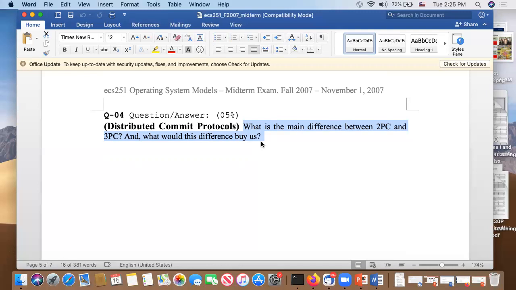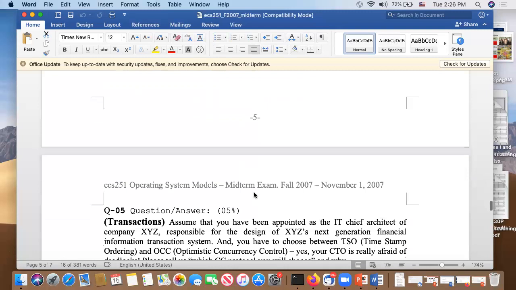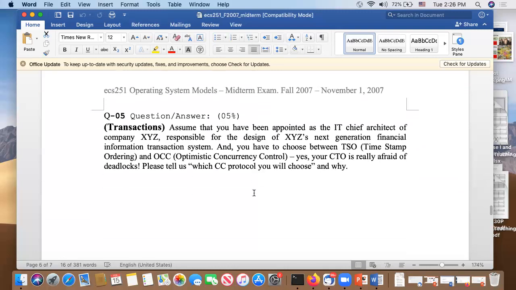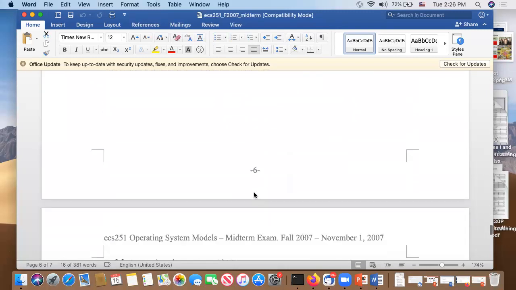It's really the same question I asked about that blocking condition of 2-phase commit. 3-phase commit is basically the design to handle that particular condition that puts everybody into wait state. Okay. Transaction, you don't have to worry about that.